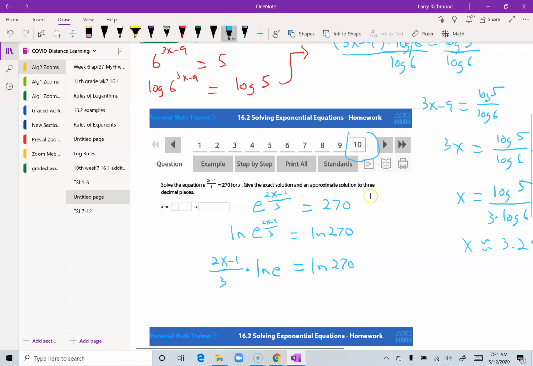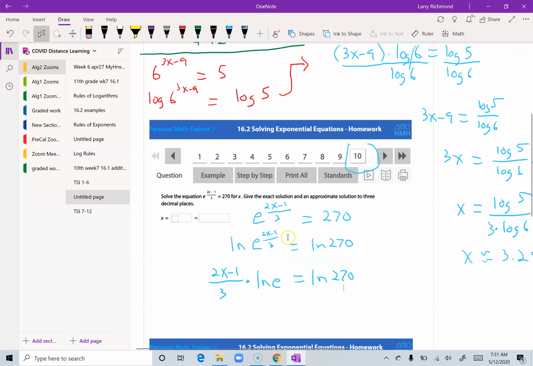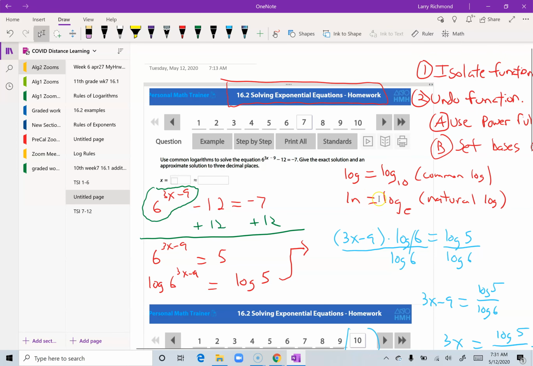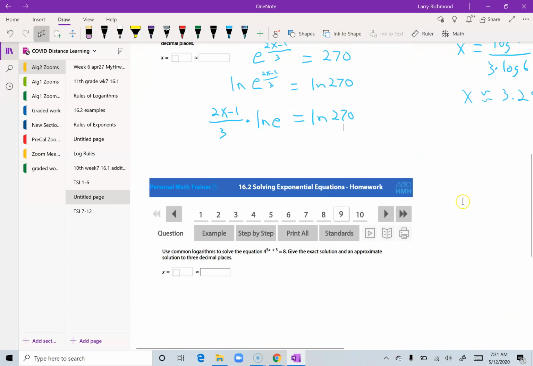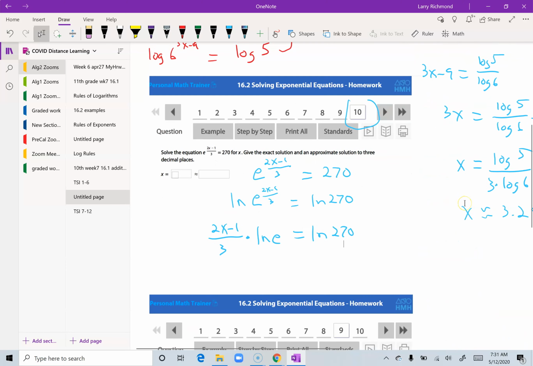But recall, ln is log base e. It's the natural log. You don't have to do this, but I'm going to rewrite it right here so we can clearly see what's going on. ln is log base e of e.